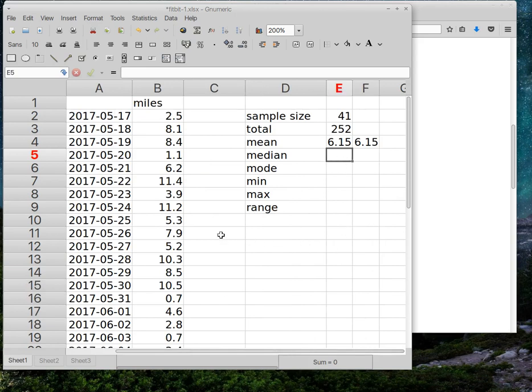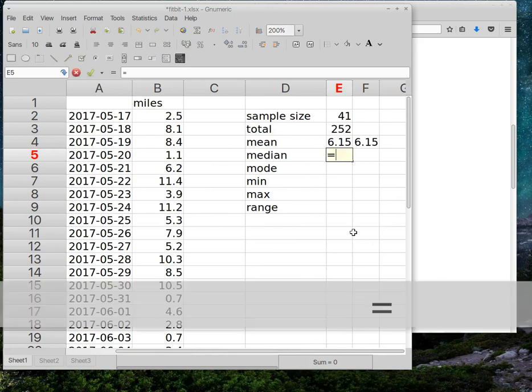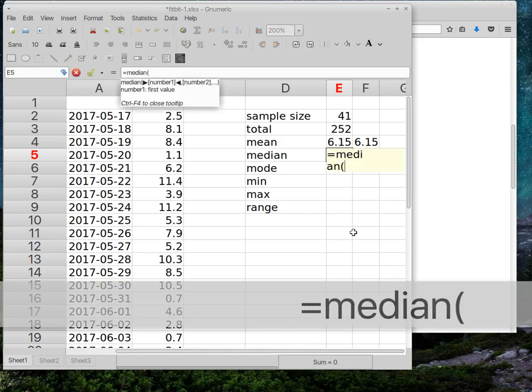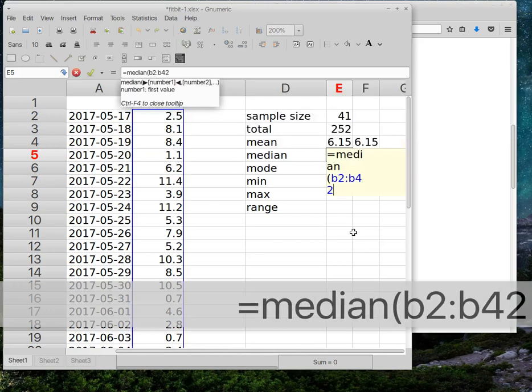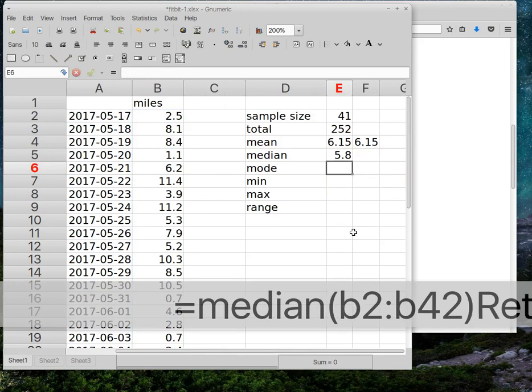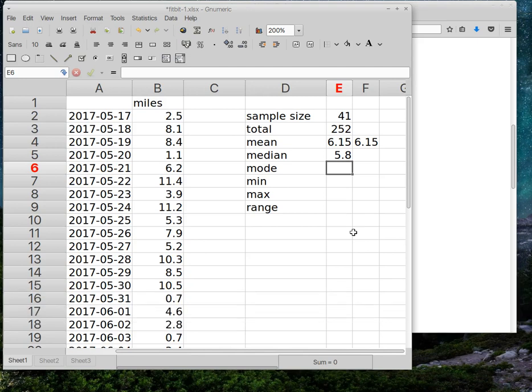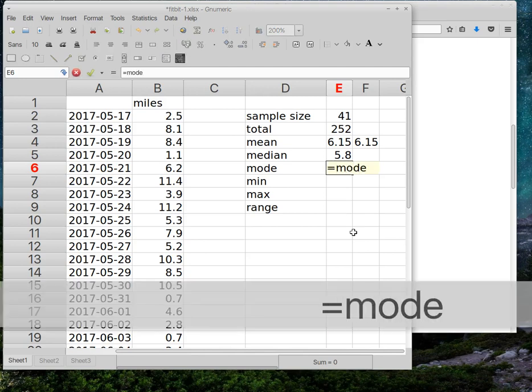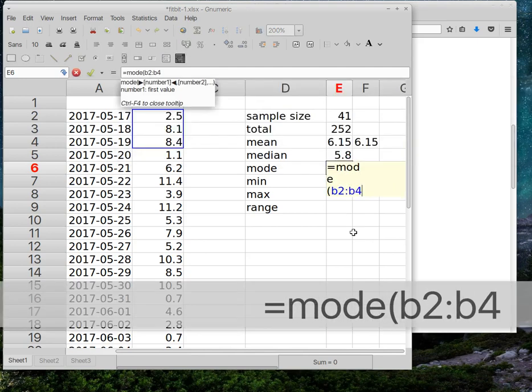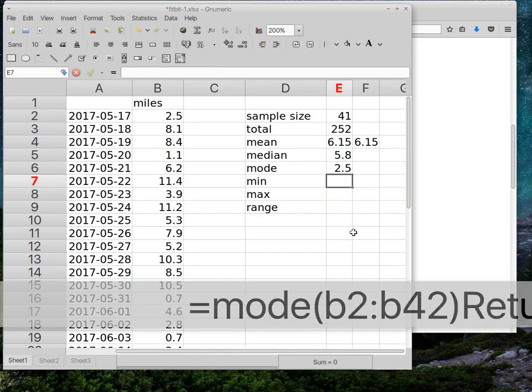Now, to get the median, since the numbers aren't in sorted order, it would be hard to do it by looking, but we can use the built-in command equals MEDIAN parentheses B2 colon B42, and it says the median is 5.8 miles. Same thing for the mode, equals MODE parentheses B2 to B42, the mode is 2.5 miles.